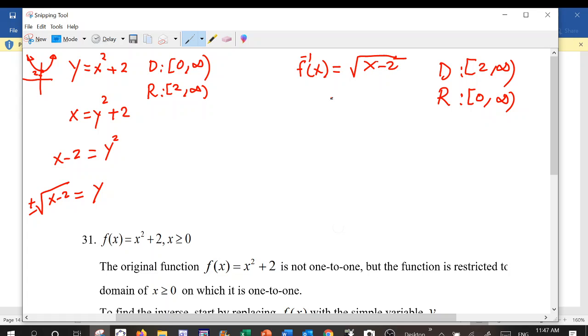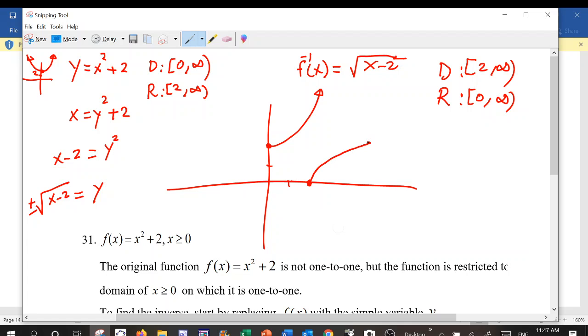Now, if you graph this, again, we said you go to 2, and since this domain is 0 to infinity, you have to graph it like this. Square root of x minus 2 is the square root of x moved to the right 2 units. So that's 1, 2.